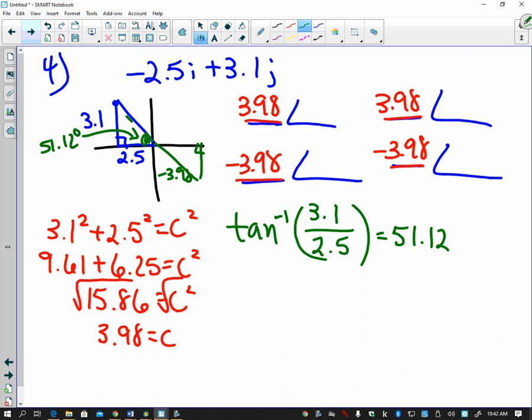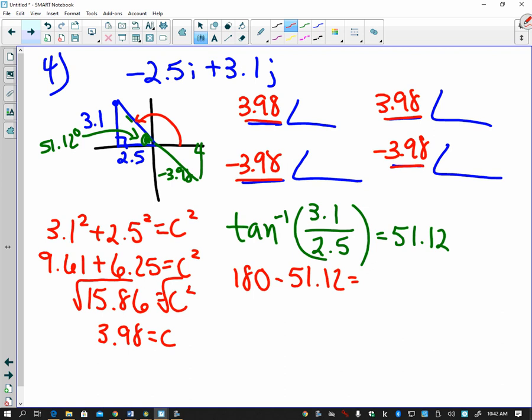Okay, but that's not an answer to any of this. But we use it. So we need to find, how do I find the positive degree of my positive hypotenuse? Which direction do I go? Do I go clockwise or counterclockwise? All right, so I'm going from here to here. 180. 51.12.